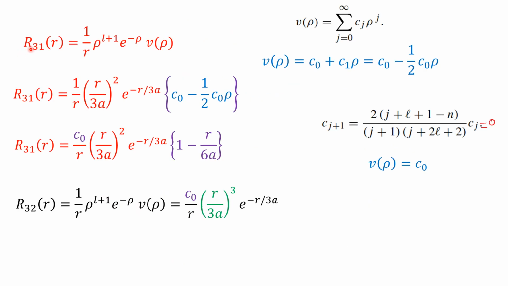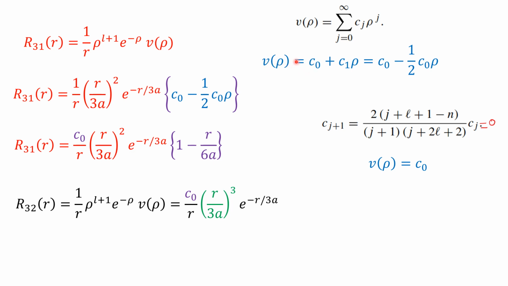By definition, R sub 31 of R is equal to 1 over R, rho power L plus 1, e power minus rho, V of rho. Now we know that rho is R over 3A. L is 1 here in this case, and 1 plus 1 is 2. So this will be R divided by 3A whole square, and e power minus rho, where rho is R divided by 3A. And V of rho, we got only two coefficients.